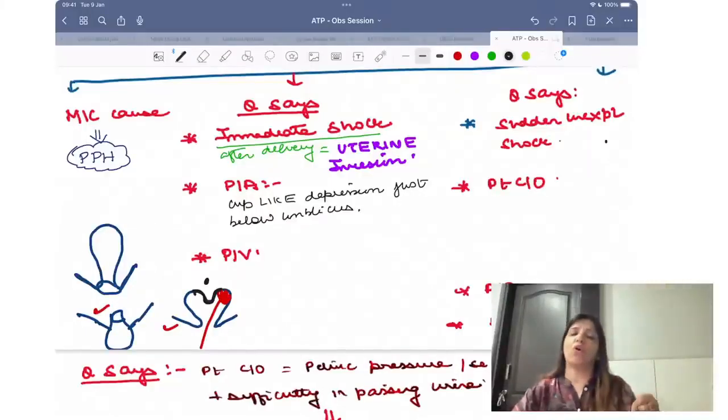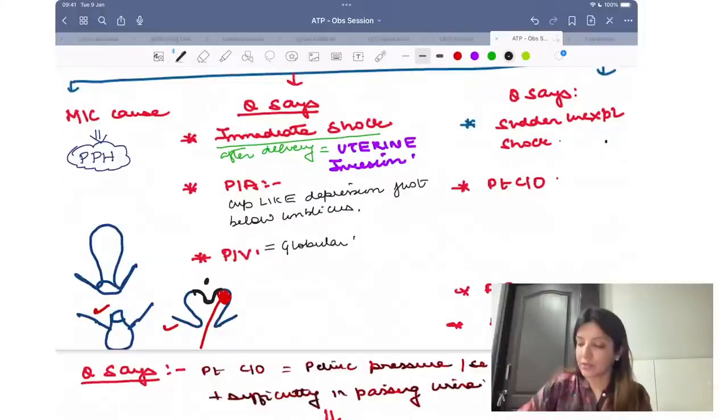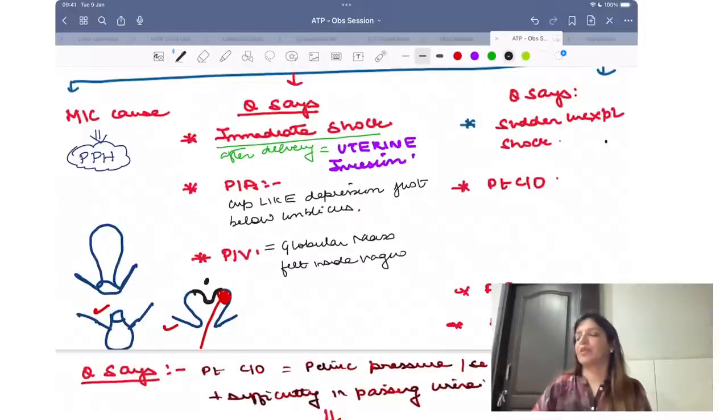You have pulled the cord, the placenta was not separated, and the patient will immediately go into shock. Why? Because of neurogenic shock. Initial shock in uterine inversion is neurogenic. On per vaginal examination, you are going to get a globular mass felt inside the vagina.